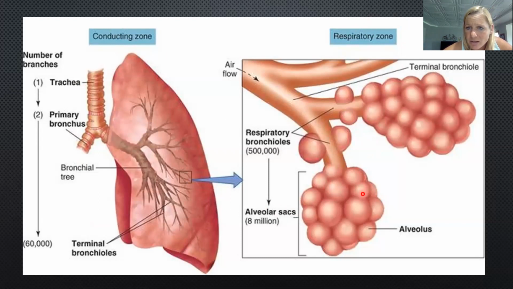Each of these little balls, which I refer to as a little grape, is one alveolus. It also contains respiratory bronchioles, which you can see here. An alveolar sac is like a cluster of grapes, and then the alveolus is each individual grape.